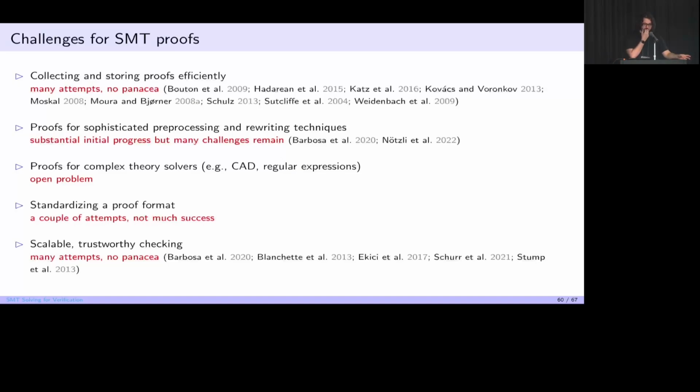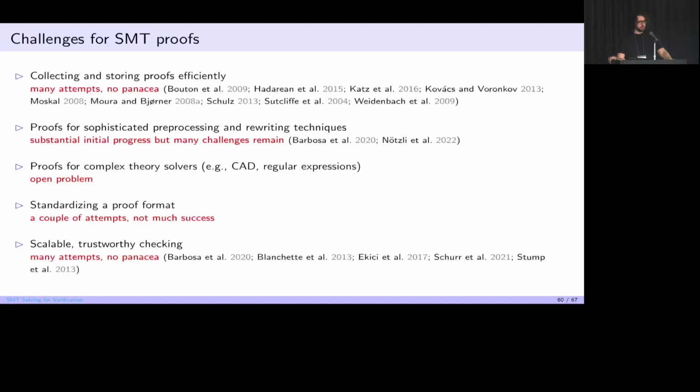The system is very big, it does a lot of stuff, and you have to reasonably track everything that is done such that you can have the certificate afterwards. There are some techniques that are very difficult to produce proofs from. There are some theories where it's not even well understood how you would represent the reasoning in a way that a proof can be efficiently checked or efficiently produced.